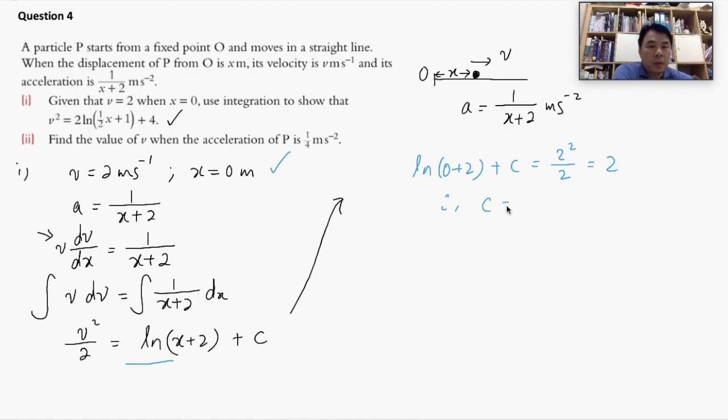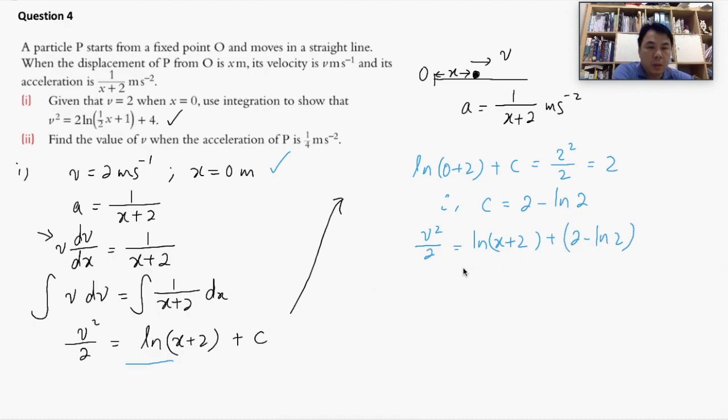Therefore, we can say that c is actually 2 minus ln 2. Therefore, we can rewrite the equation for velocity, which is this, plus 2 minus ln 2 here.